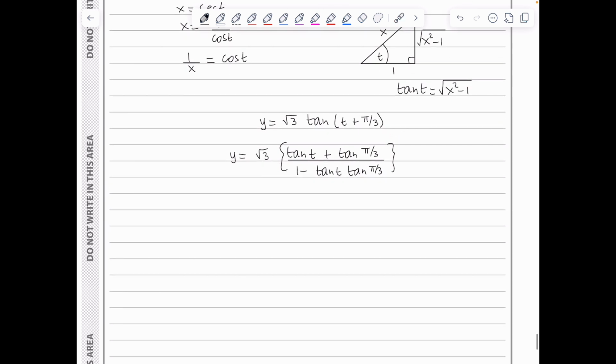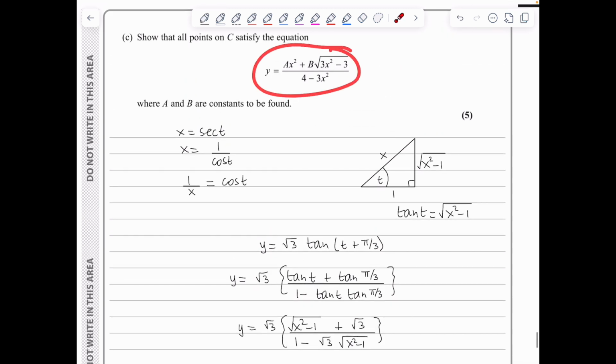So this leads to y being equal to root 3 times (root of x squared minus 1 plus root 3) over (1 minus root 3 times root of x squared minus 1). I need to work on this to match the expression shown in the answer here.